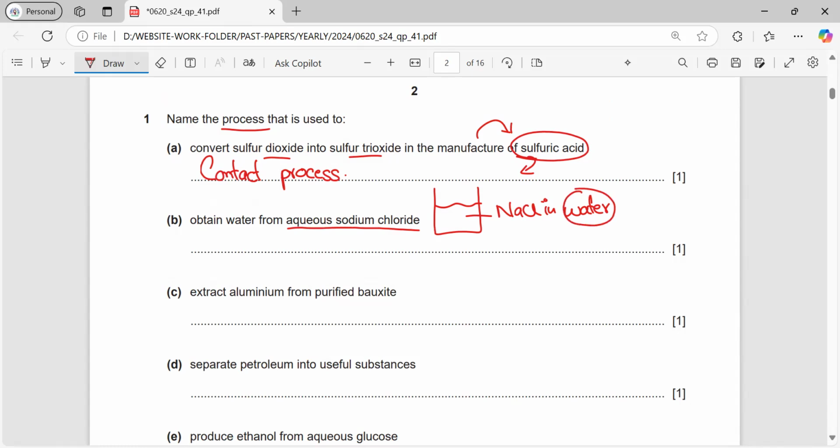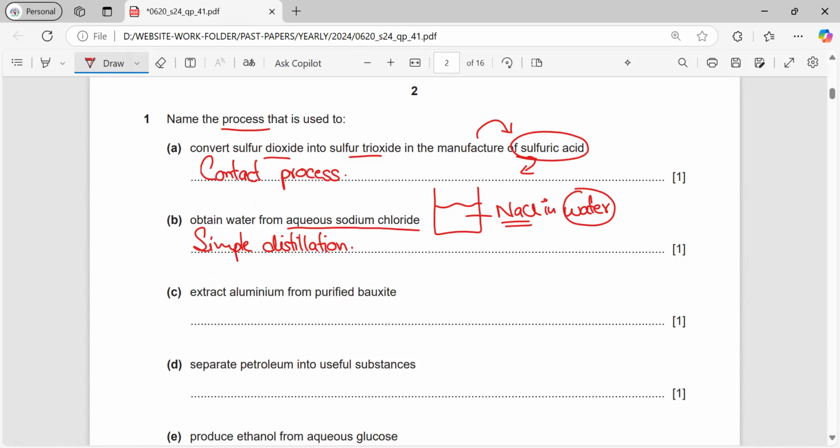We want pure water. So what do we do? We will do simple distillation. It depends on what we want. If we want sodium chloride from the water, then we'll do crystallization. And if we want pure water to be obtained, then we'll do simple distillation.